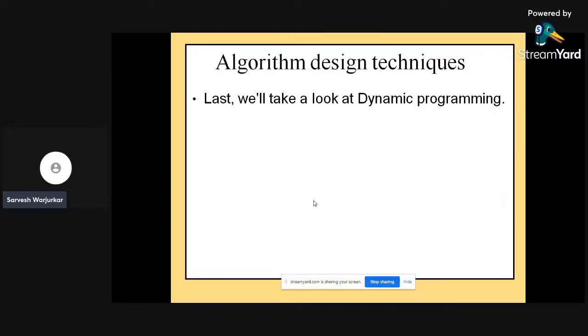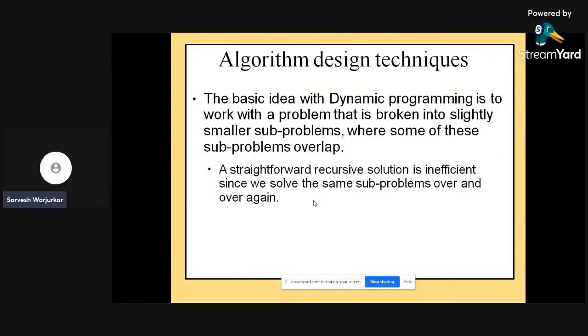What is dynamic programming? The basic idea with dynamic programming is to work with a problem that is broken into slightly smaller sub-problems. As the name suggests, it is dynamic. There are various variations to solve a particular problem with various solutions, where some of these sub-problems can overlap.